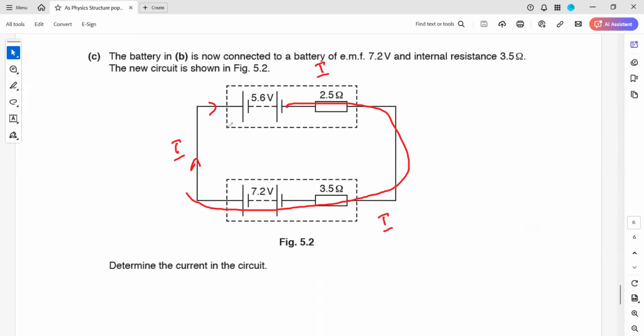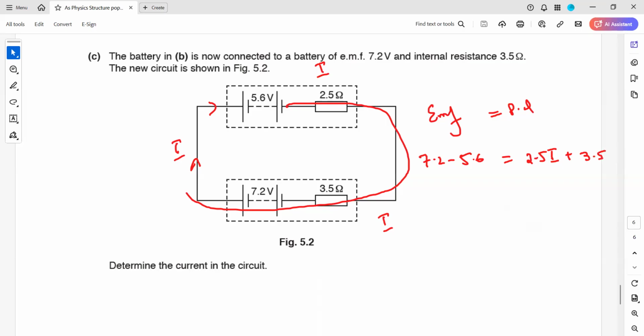If the current I is flowing, we can use Kirchhoff's second law: the total EMF will be equal to the total potential difference. The total EMF will be 7.2 minus 5.6 because they are in opposite directions, equals the total potential difference. The total potential difference is 2.5I plus 3.5I, because voltage is a product of resistance and current.